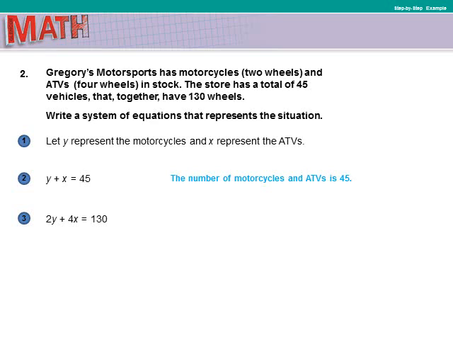So 2Y plus 4X equals 130, since the total number of wheels is 130. So now I have my system of equations: y plus x equals 45, and 2y plus 4x equals 130. If it's asking me to solve this system, we're going to graph it. But in this one, it didn't ask me. So let's check the next one.